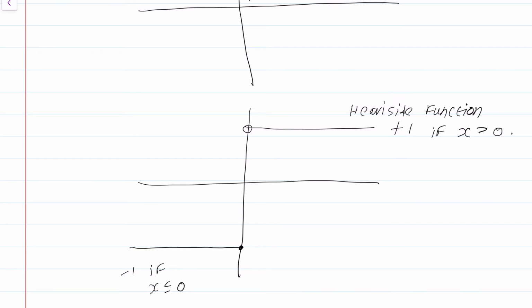I have put this dot and circle just to graphically illustrate that at the point 0, the value of the function is -1 and not 1. So, this is known as the Heaviside function. This function jumps. It jumps at the point 0. Clearly, we would not want this function to be a continuous function. This is a jump or a gap, whatever you want to call it.